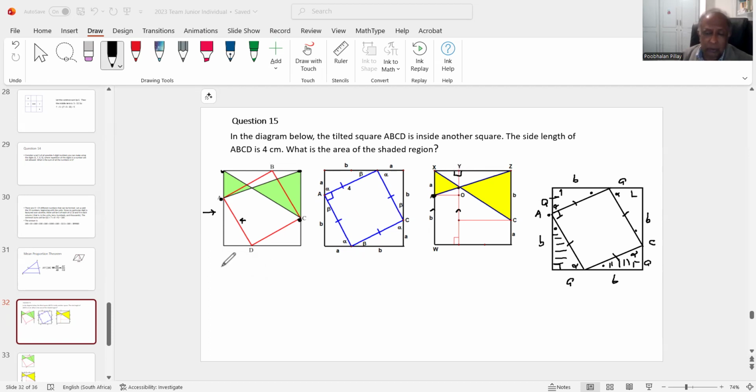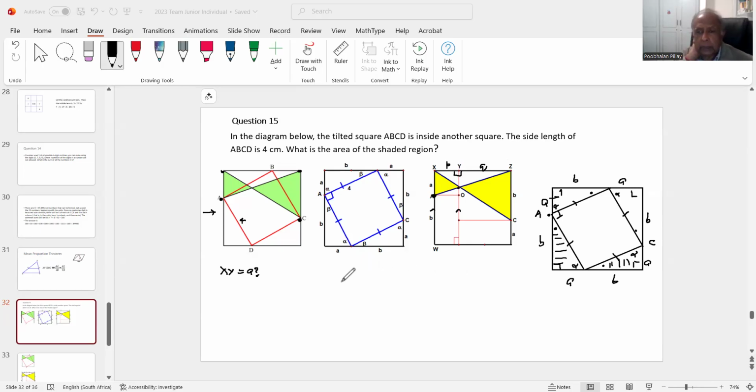I want to prove that xy equals A. I don't know what xy is, so let's call it P and call this Q. I must now try to prove that P and A are the same thing.